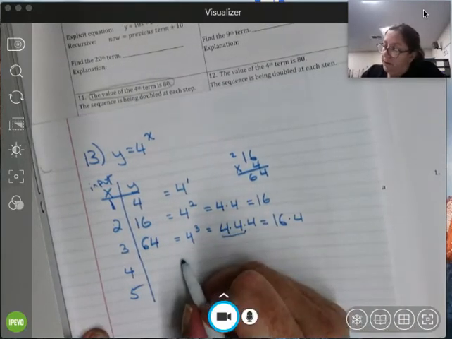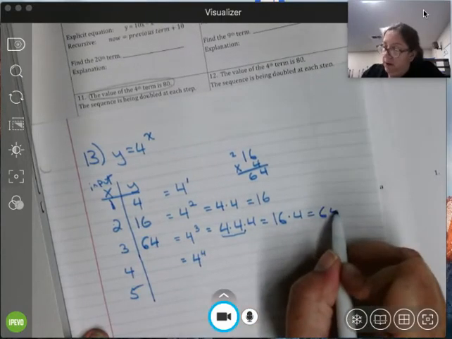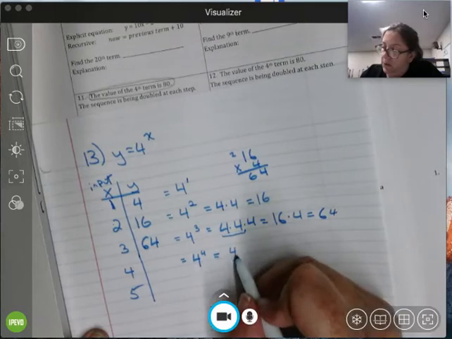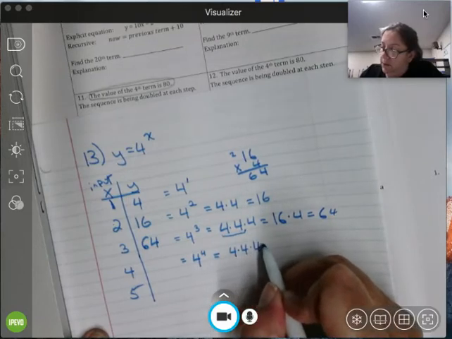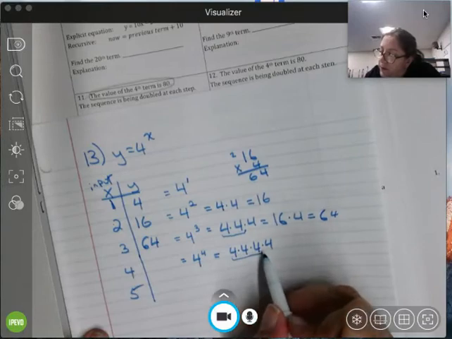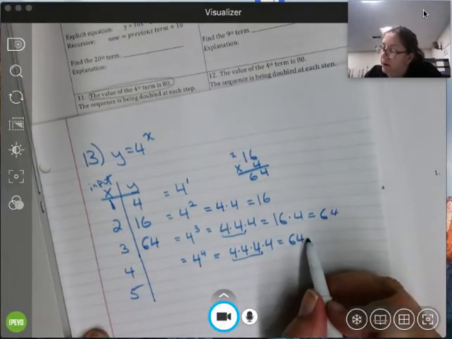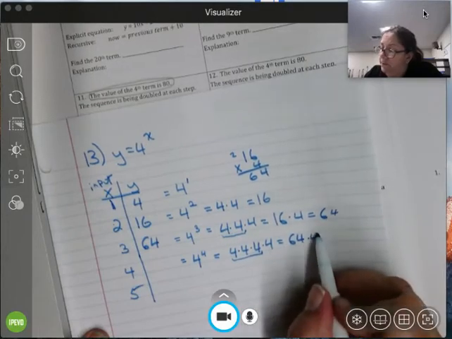So now we have 4 to the power of 4. That's 4 times 4 times 4 times 4. Well, I already know 4 times 4 times 4 is 64, because I just figured that out. And it's going to be times 4.